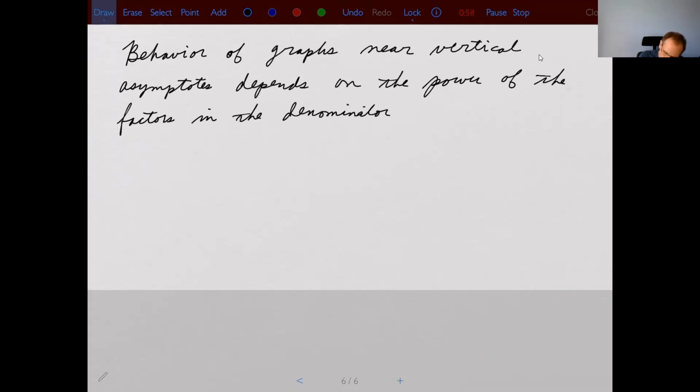Remember, to find the vertical asymptotes, we set the denominator equal to 0. So we set each factor equal to 0 and we solve for x, right? Well, it turns out how the graph looks, the shape of the graph, depends on the power of those factors. By power, we mean the exponent, right? And the only two that we're going to deal with in this class is whether it's raised to the 1 power or whether it's squared, whether it's raised to the 2nd power.